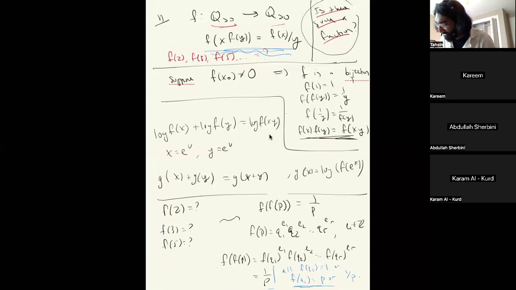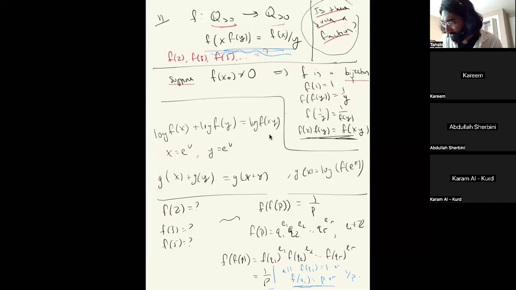No, maybe a better way to do this is this. We should use bijectivity now. f is a bijection, right? Okay, yeah, we should use that f is a bijection. And then we know because f is a bijection, each of these can happen at most once. And in fact, we know the first case cannot happen, right?